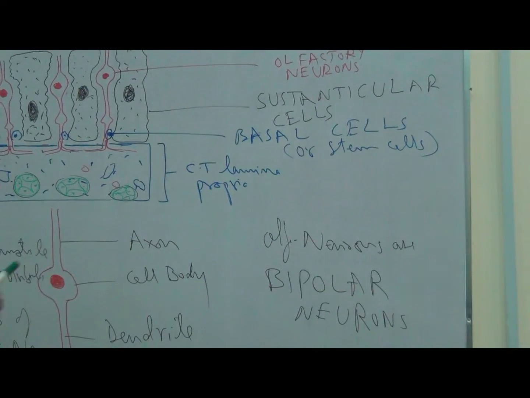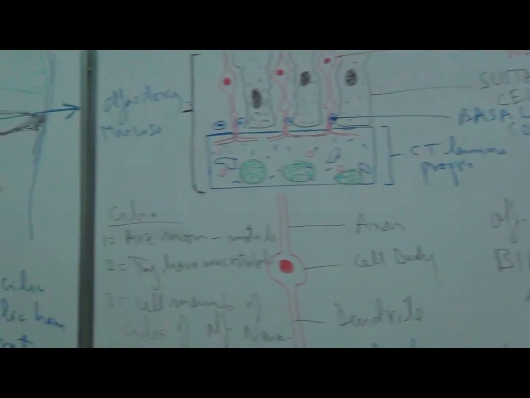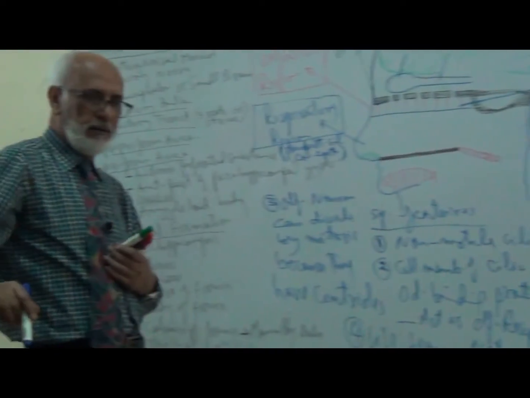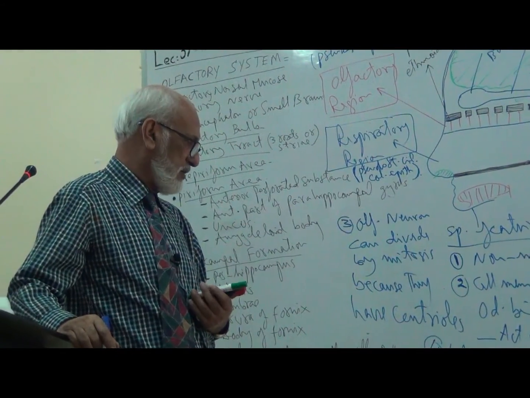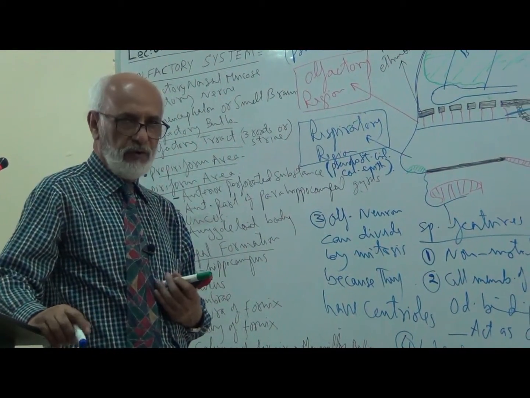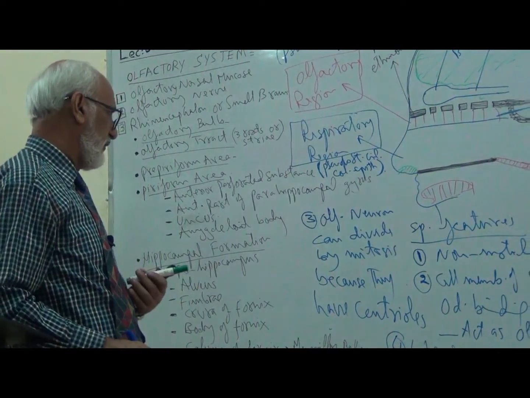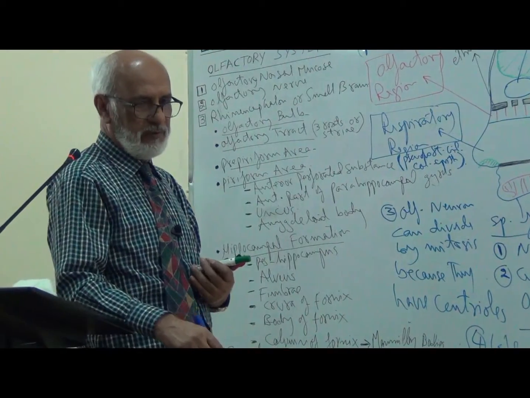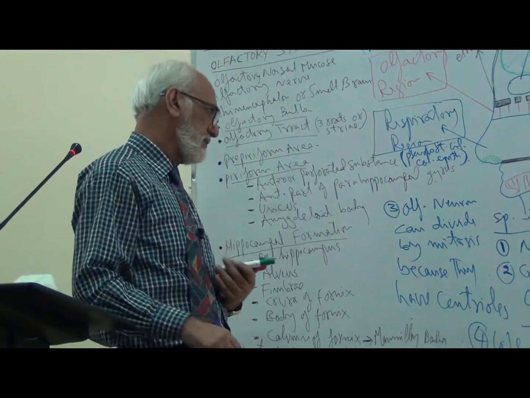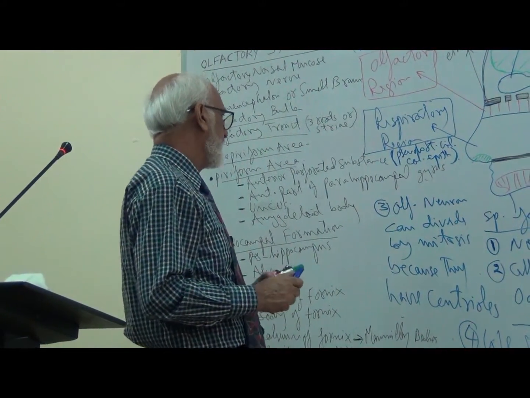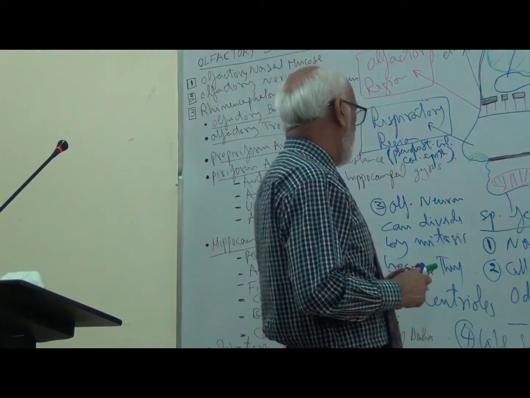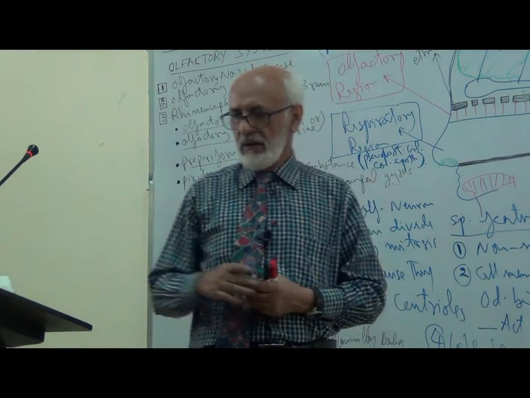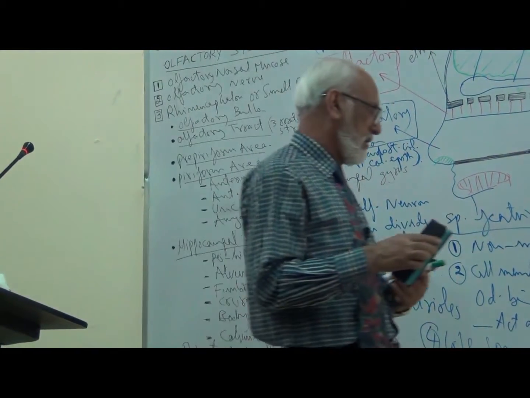And second, when the olfactory neurons are damaged, they can replicate by division because they have centrioles inside. So olfactory neurons are the only mature neurons in the body which possess centrioles, and they can divide. These were some special features of the olfactory neurons.